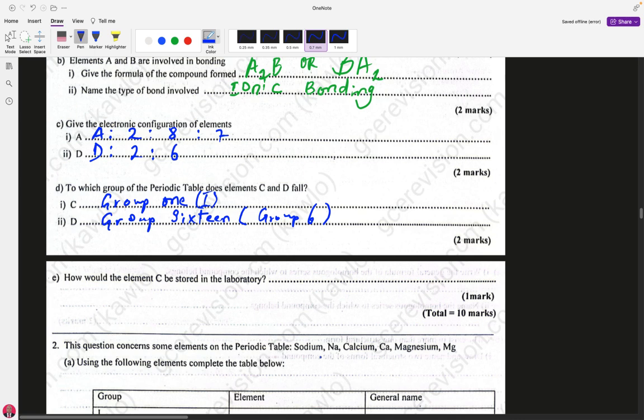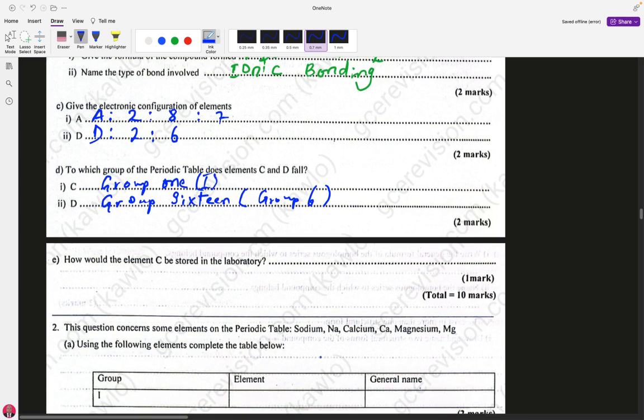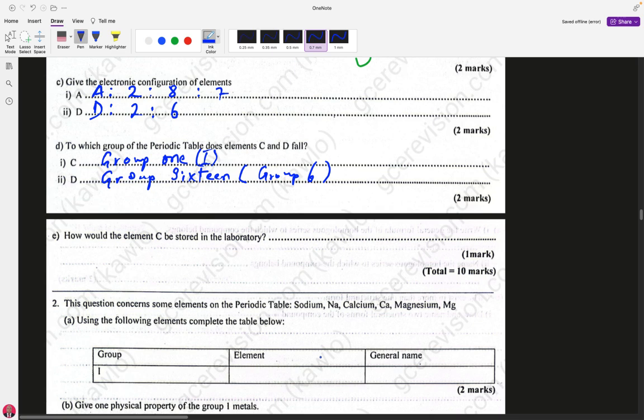So, how would they be stored in the laboratory? Because of their reactivity, C must be stored under oil in the laboratory.